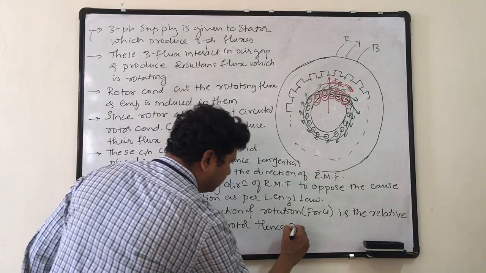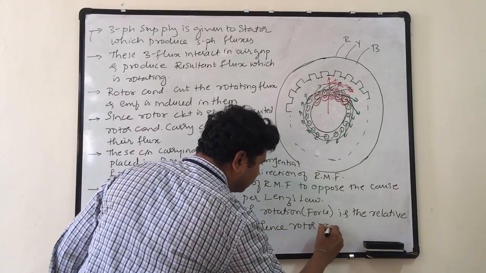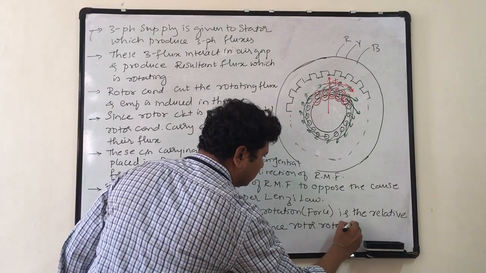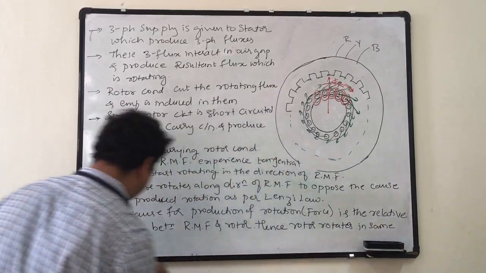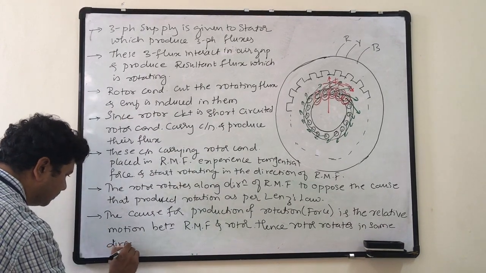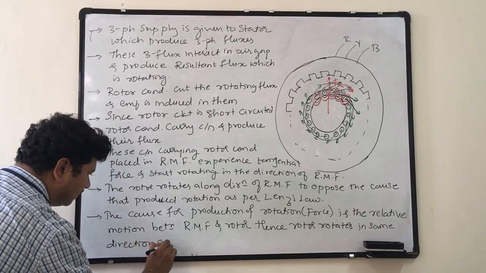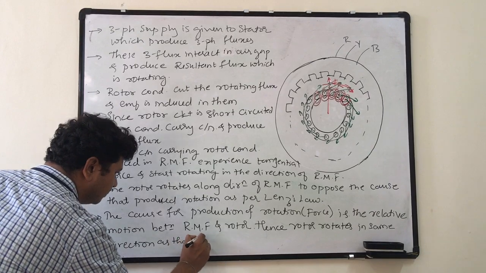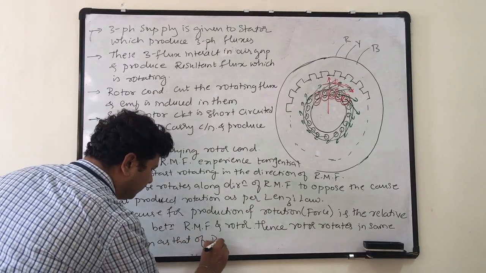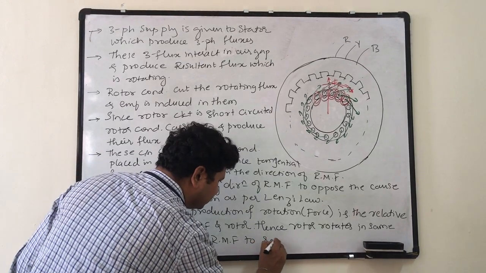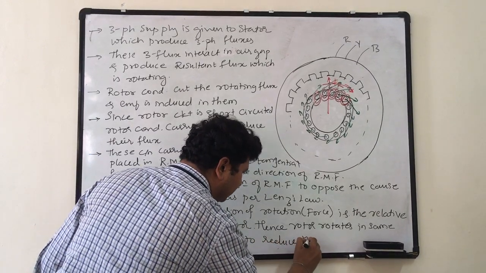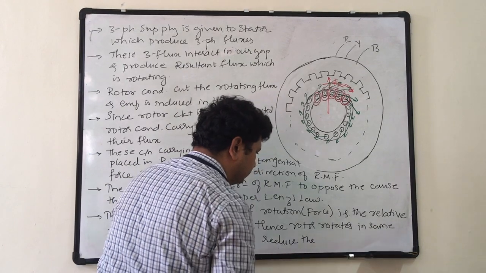Hence the rotor rotates in the same direction as that of the RMF to reduce the relative motion.